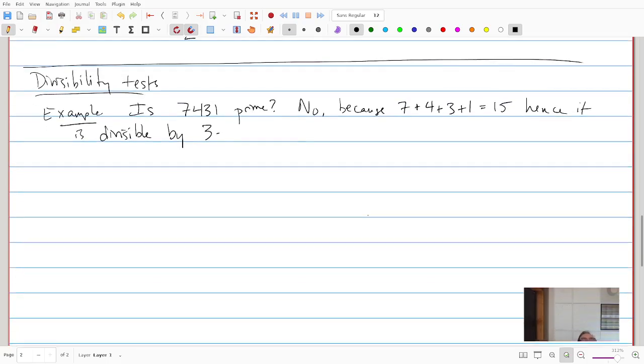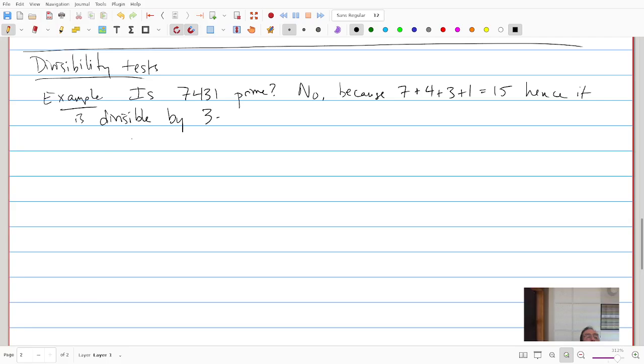But how do we know that works? Why does that work? So here's the theorem.